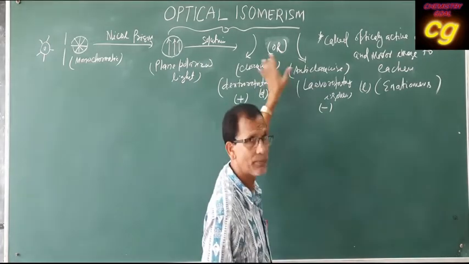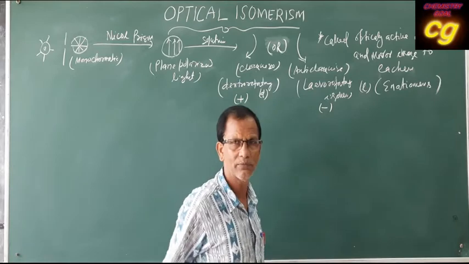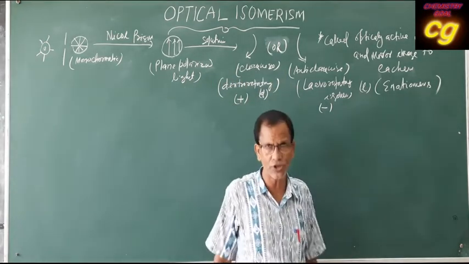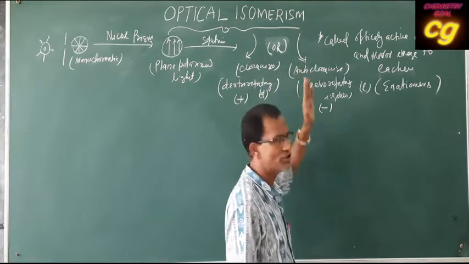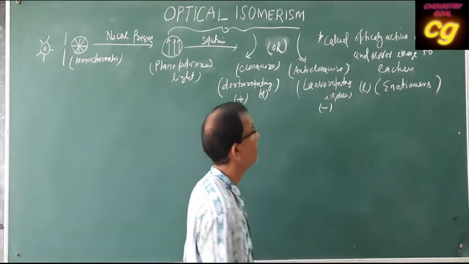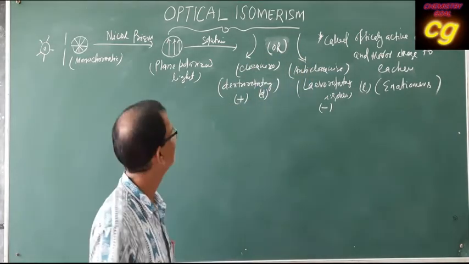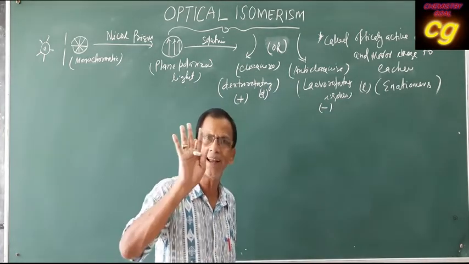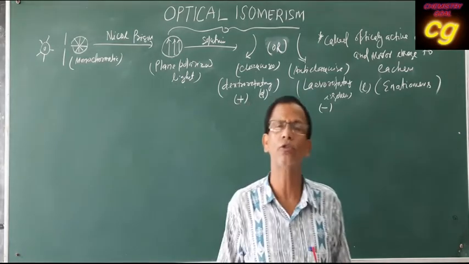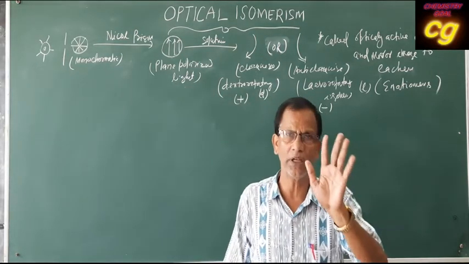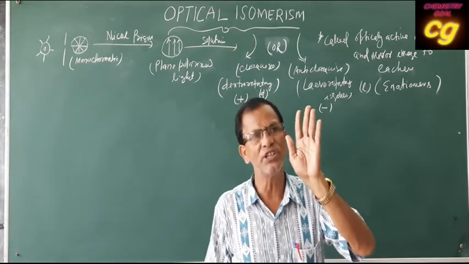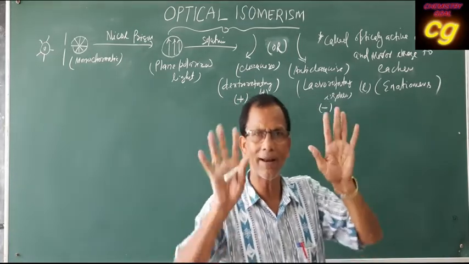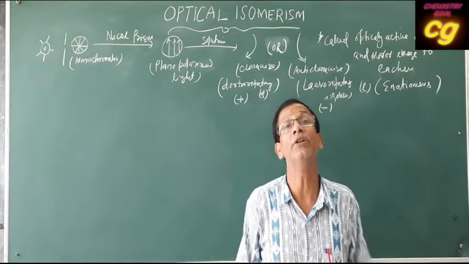They are optically active because they are affected by plane polarized light. But if you see the structure, one and the other are just like mirror images of each other. Your left palm looks like a right palm in the mirror. That's why your left palm and right palm are mirror images of each other.